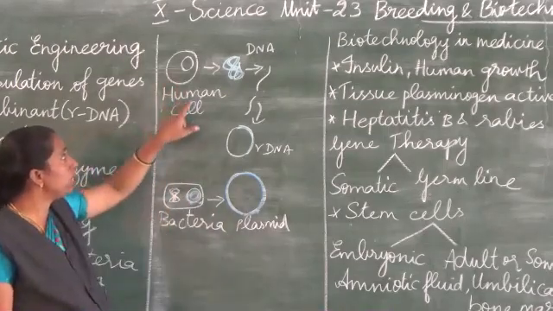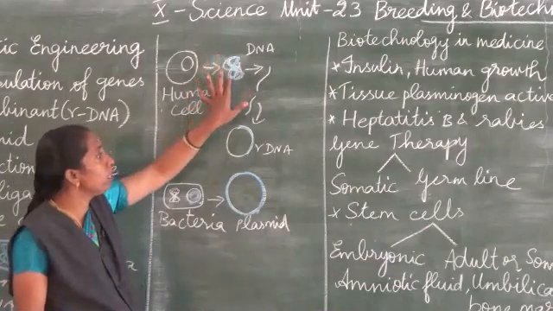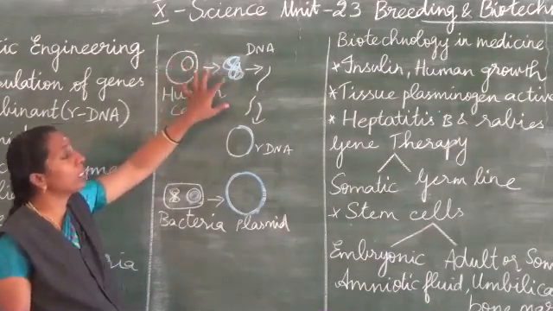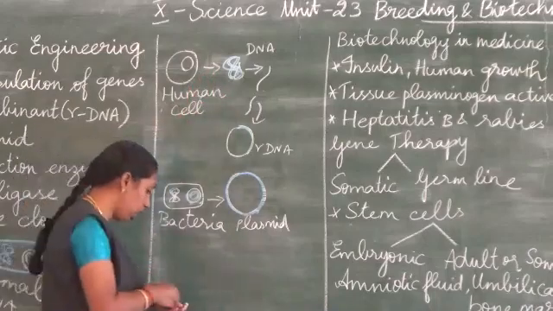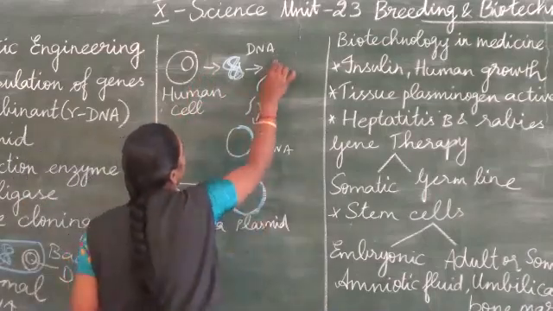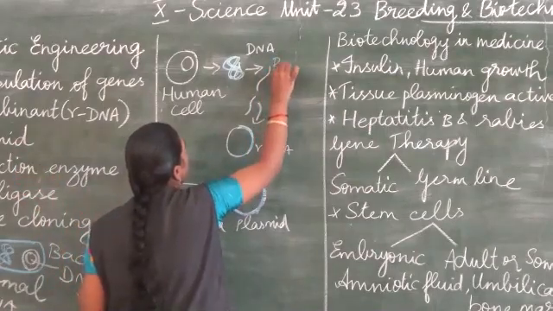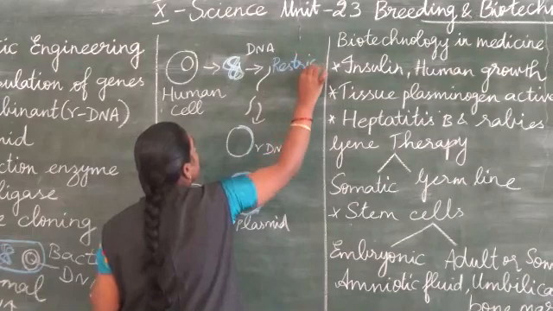In the human cell, the DNA is first collected using restriction endonuclease enzyme.